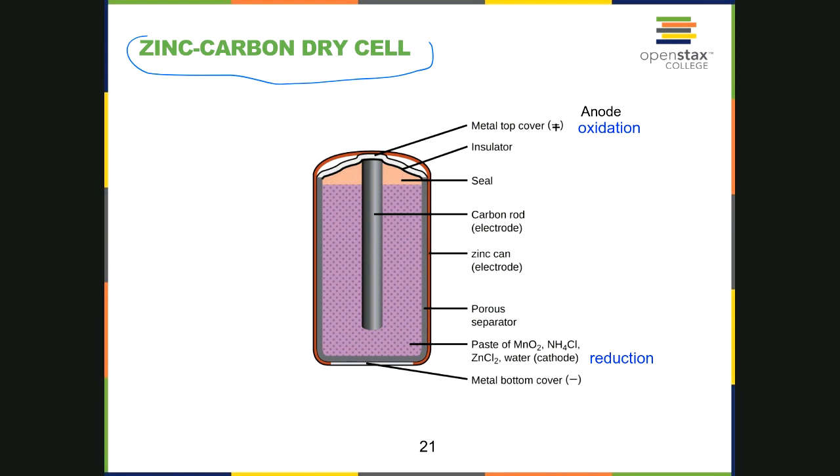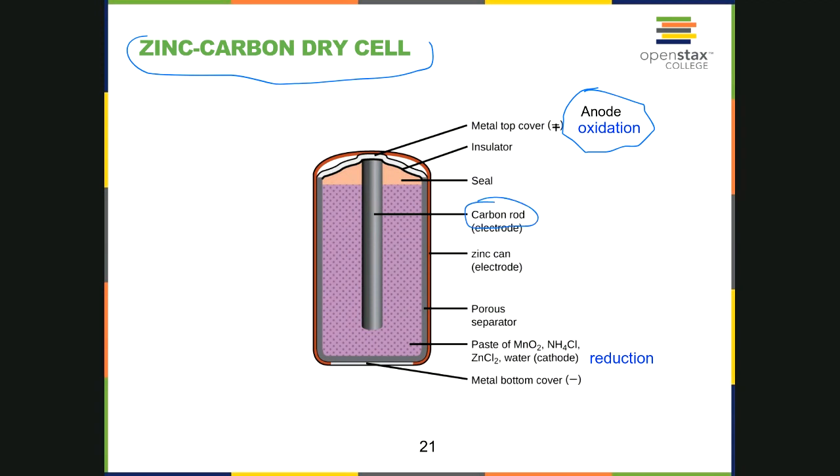So for the zinc carbon cell, or dry cell, you're going to have an anode, where the oxidation occurs, and that is this carbon rod.